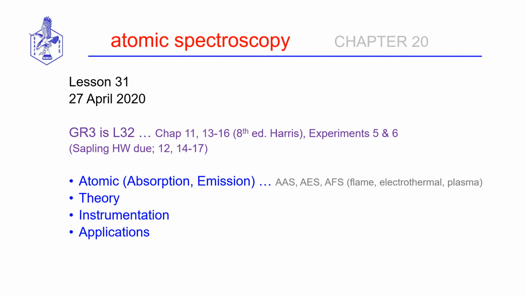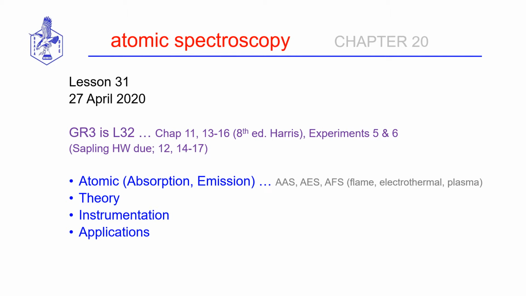Today we're going to cover atomic spectroscopy, which is chapter 20 in the Harris textbook. So we will look at the different methods involving absorption and emission of light. We have different acronyms for the techniques based upon either the absorption or the emission of light. And we need to get our analyte species up into the gaseous phase, what we call the ground state atomic gaseous phase, and we're going to measure either the absorption or emission of light.